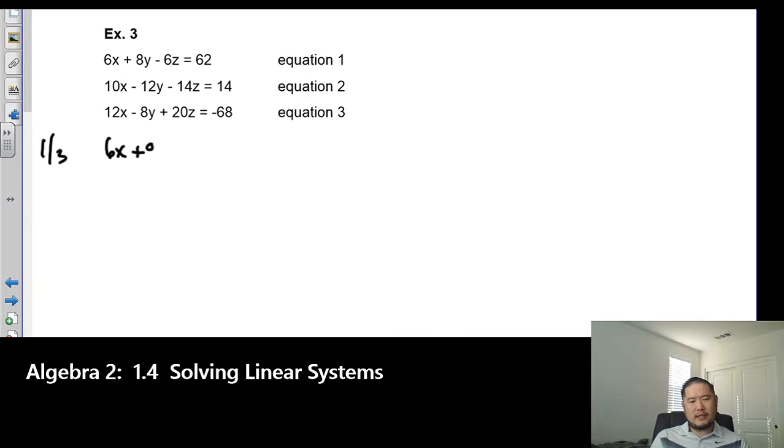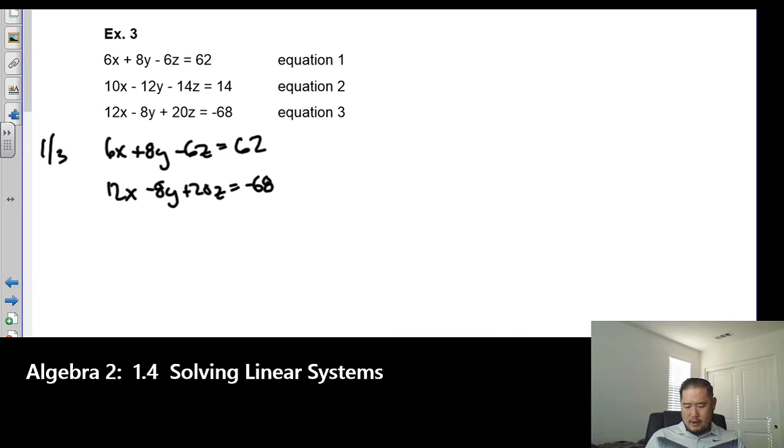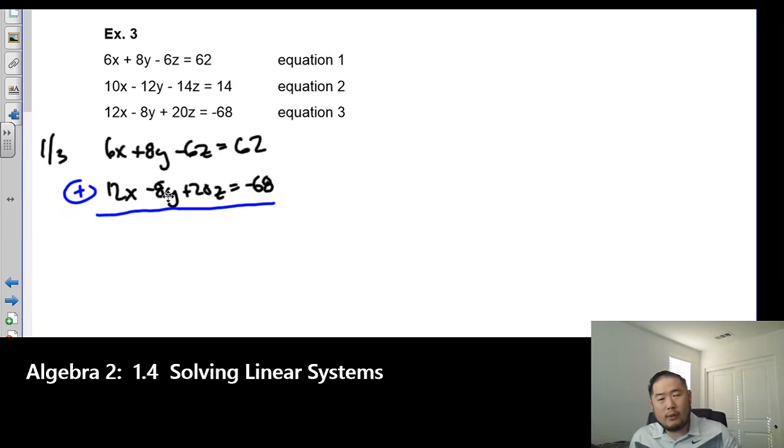So 6x plus 8y minus 6z is equal to 62. We have 12x minus 8y plus 20z is equal to negative 68. All right, so I choose these, and I have it set up as is because right here, when I add them up, I can automatically eliminate the y's. Okay.